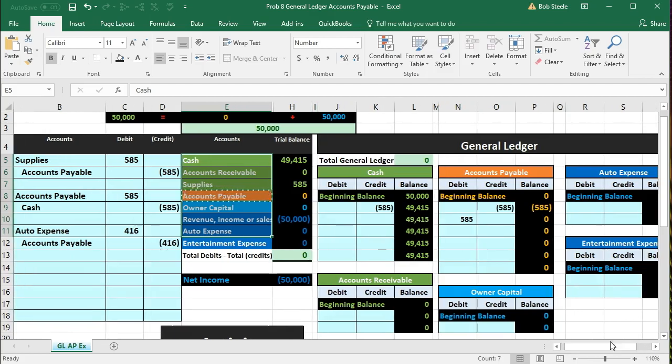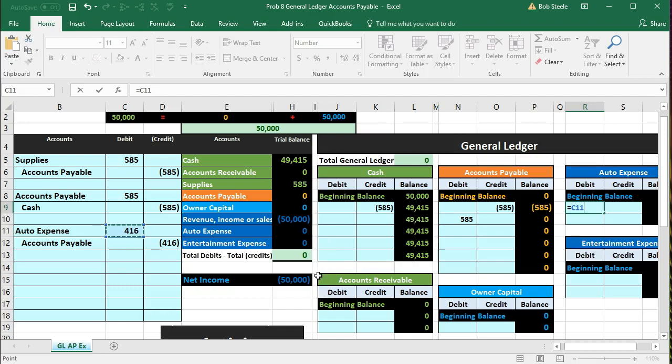And we're looking to post this expense, this debit, way over here in the auto expense on the debit side. Therefore, we are here in R9. In R9, we're going to say that that equals, and then point to this 416. Once we select enter, this will go up to 416. Put the 416 in here as well. It puts us out of balance by 416, and net income will go down.